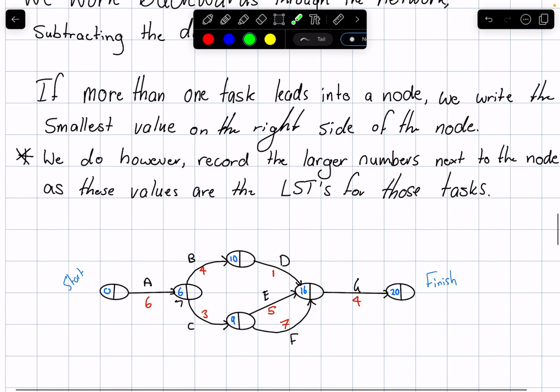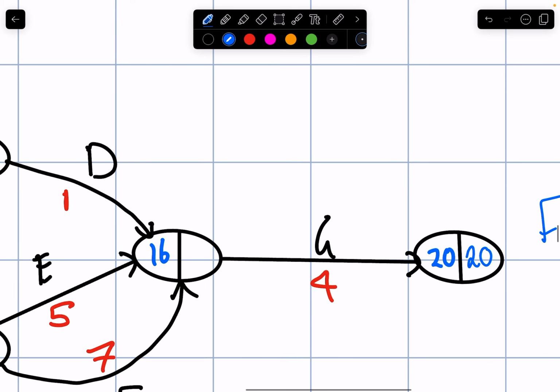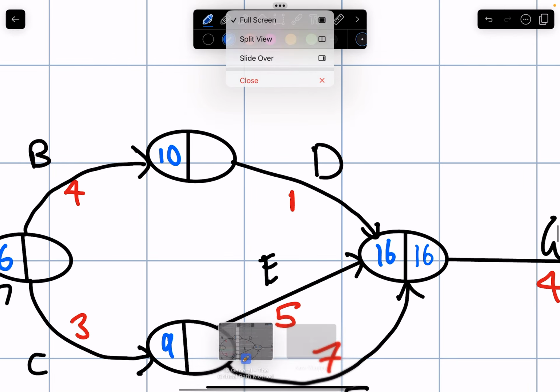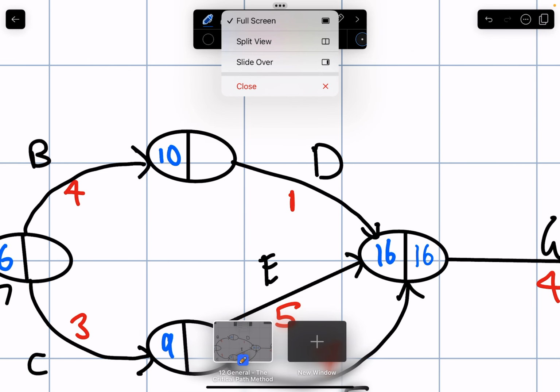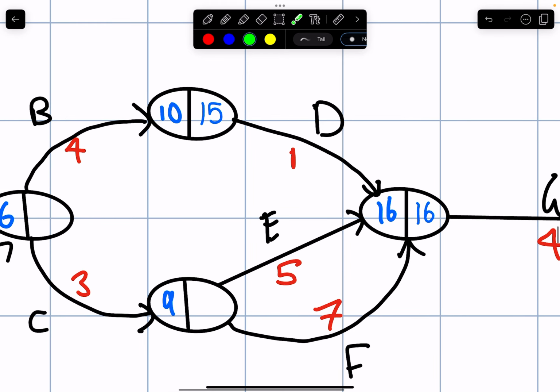So for a backward scan, we actually start at the finish and we input the same value as the LST. So we've still got 20 there. Now 20 minus 4 is 16. The easiest one to do here is task D, because it's only got 1 leading into here. So 16 minus 1 is 15. Now this is where it gets a bit tricky.